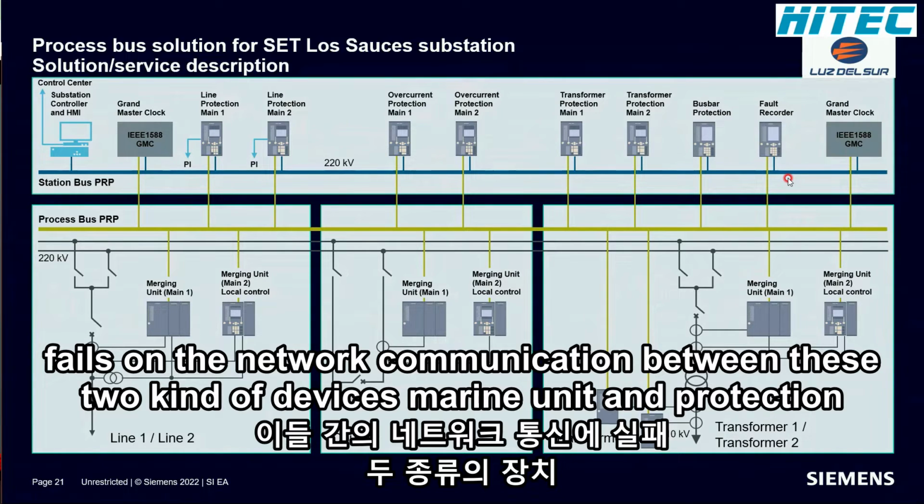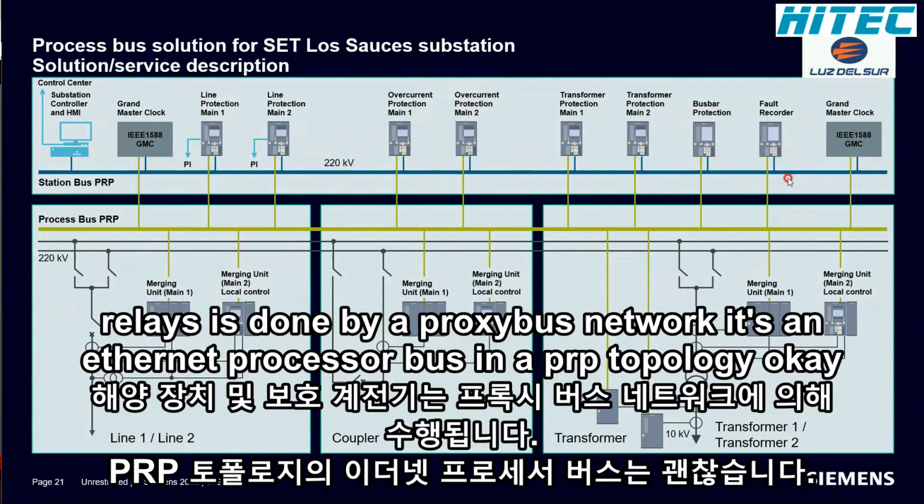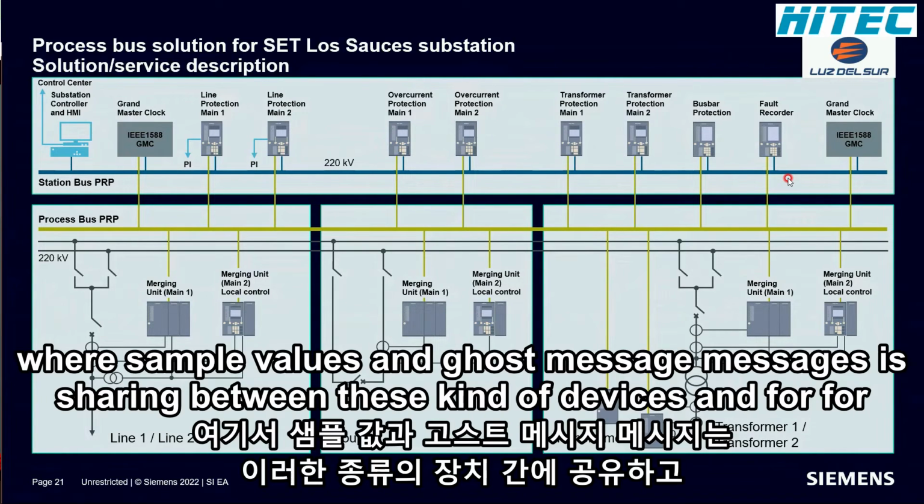The communication between these 2 kinds of devices, merging units and protection relays, is done by a process bus network. It's an Ethernet process bus in PRP topology, where sample values and GOOSE messages are shared between these devices.